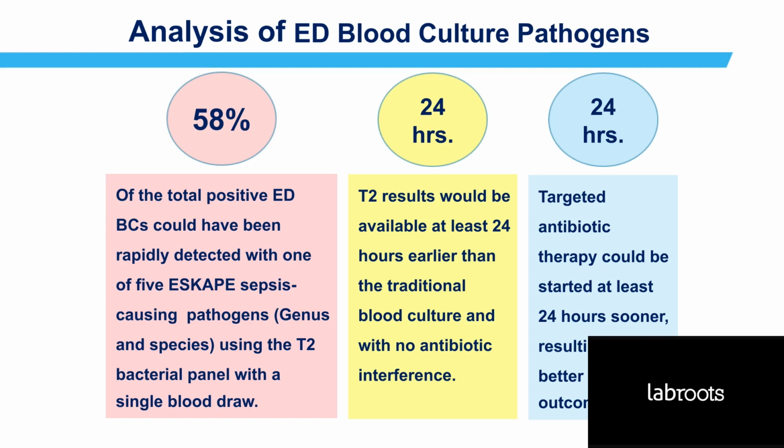Also, the T2 results would have been available to a clinician at least 24 hours earlier than the traditional blood culture results, and there would not be any interference from antibiotics on board the patient at the time of draw. And third, we could initiate targeted antibiotic treatment at least 24 hours sooner, which can lead to high-value patient outcomes.